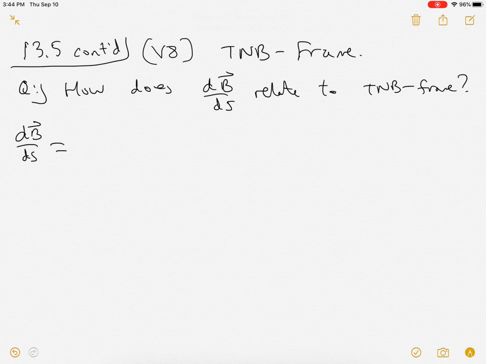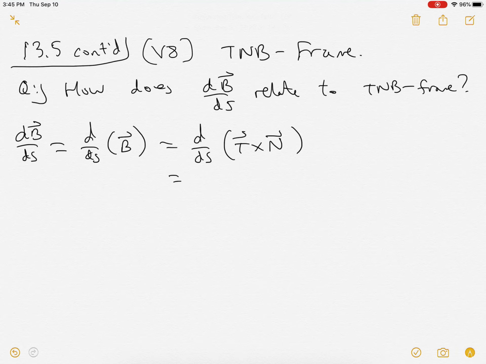So dB/ds. This is the derivative with respect to S of the vector B, which is the derivative with respect to S of the cross product of T and N, because that's how B is defined.